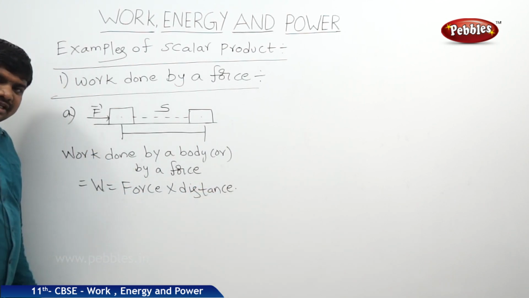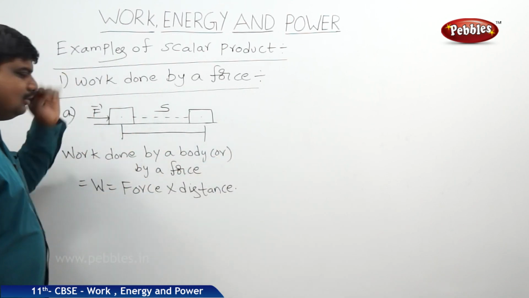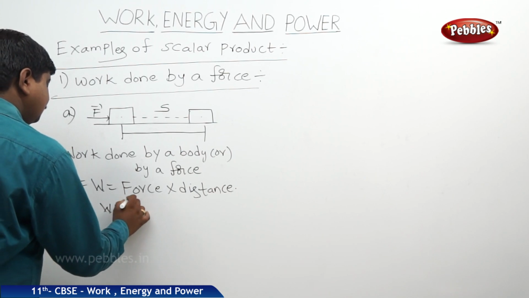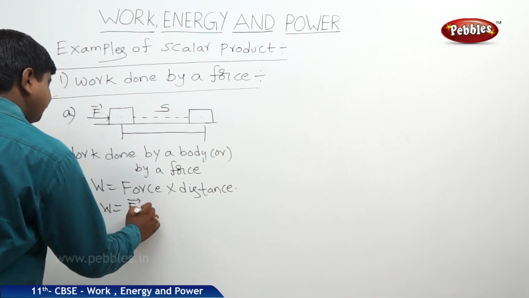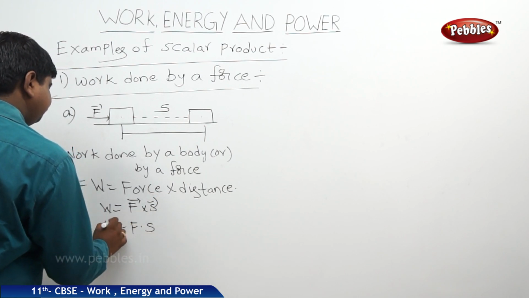The product of the force applied and its corresponding displacement is called work. Therefore W is equal to F bar into S bar. You can write F dot S.